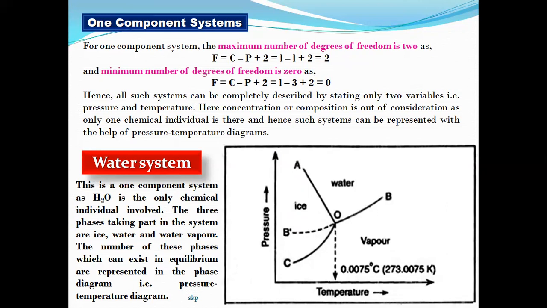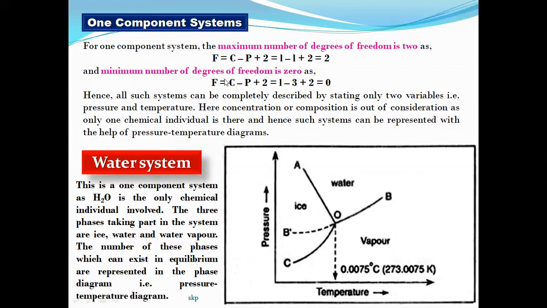For a one component system, if we calculate the degrees of freedom, the maximum number is 2, because the formula is F = C - P + 2. If only one phase is present, the degrees of freedom will be 2.